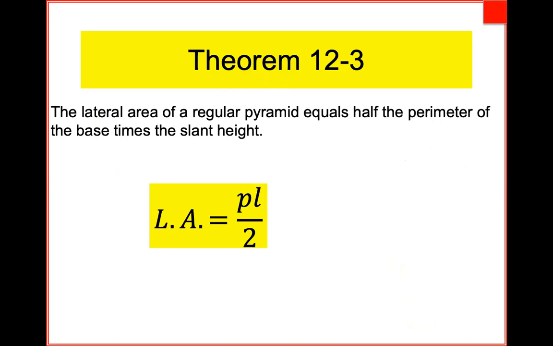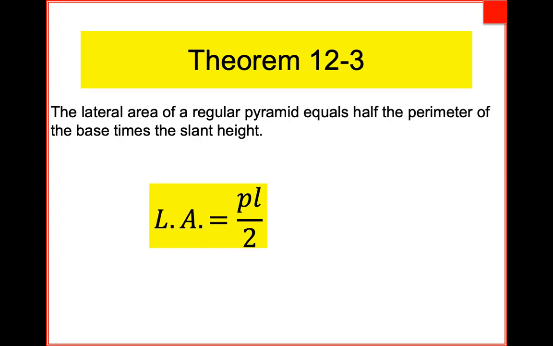Now you might be patting yourself on the back saying, hey, look, we got a nice easy formula, PL divided by 2. But remember, P is the perimeter. There's a little bit of calculation going on there. And L is your slant height. Unless they specifically tell you the slant height, you're doing some Pythagorean theorem to figure out what L is. Special right triangles, you might have to use those. If they gave you angle measurements, you could use some trig as well too.